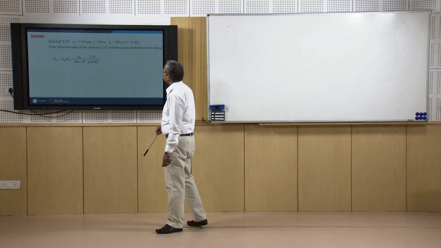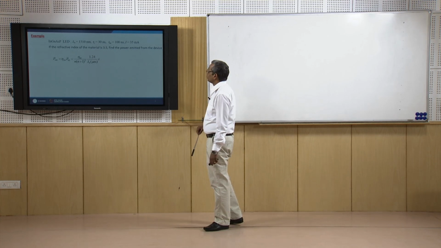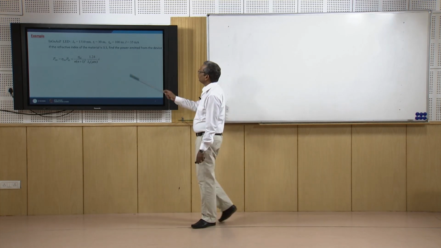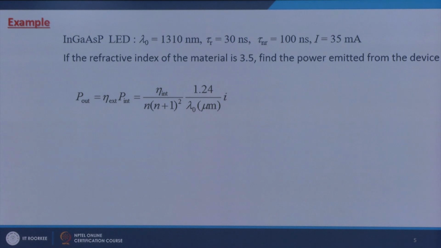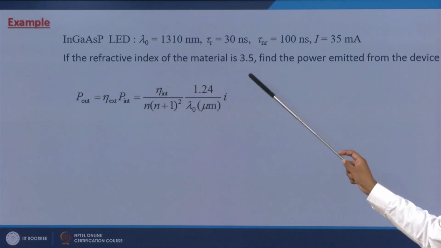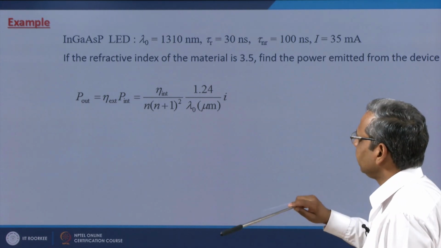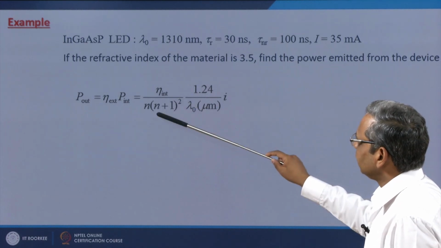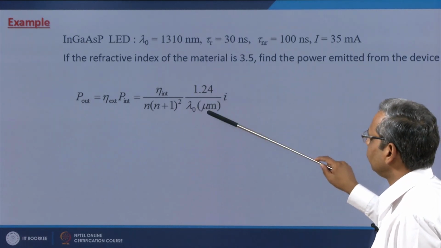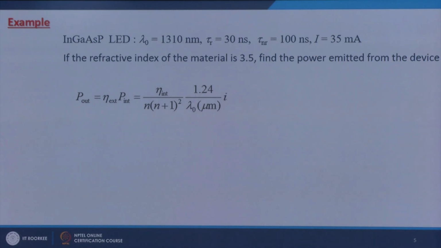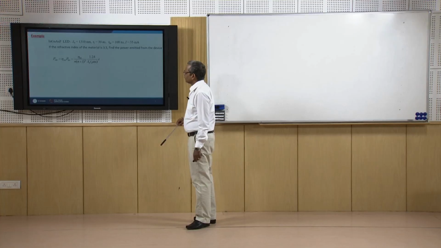For this material, the radiative lifetime is 30 nanoseconds and non-radiative lifetime is 100 nanoseconds, and I operate this LED at 35 milliamps current, then if the refractive index of the material is about 3.5, what would be the output power? I know that output power is eta external times P internal, which is eta internal divided by n times (n plus 1) square times 1.24 divided by lambda naught in micrometer times I.